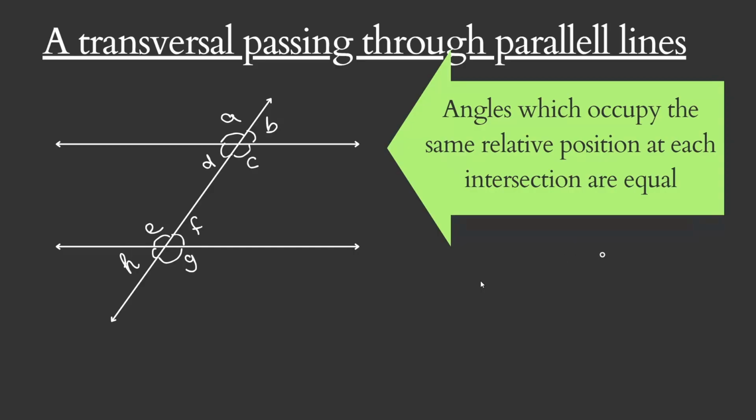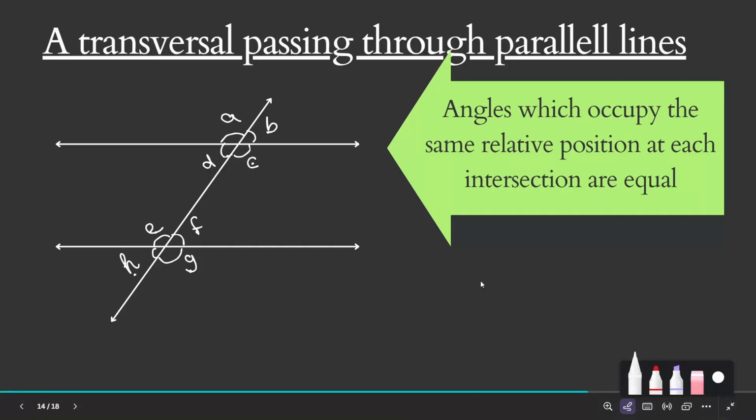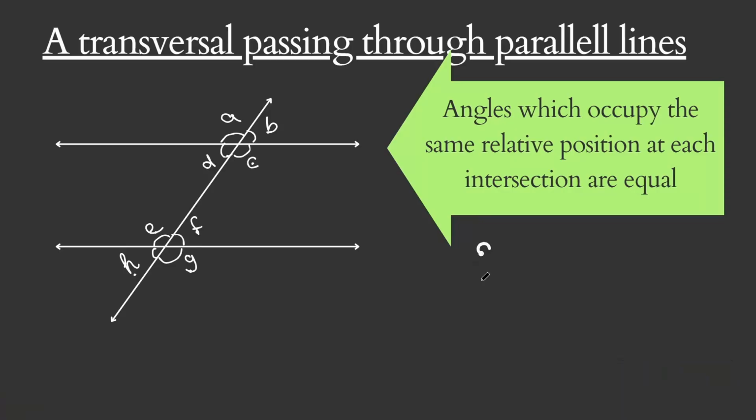Next one, angles which occupy the same relative positions at each intersection are equal. Here there are a few sets of angles A, B, C, D, and here a few sets of angles E, F, G, H. This A is equal to E, B is equal to F, D is equal to H, C is equal to G. That means it is equal for the corresponding and relative positions.